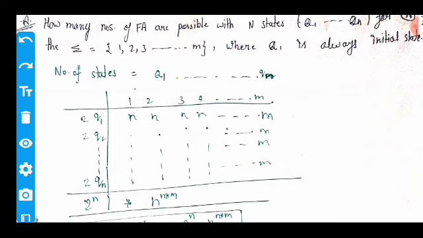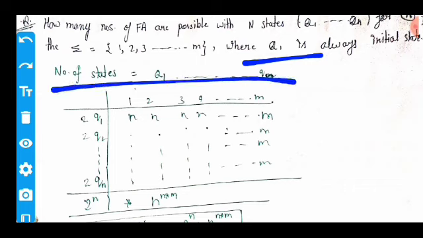How many finite automata are possible with states q1 up to qn for sigma equal to 1, 2, 3 and so on up to m, where q1 is always your initial state? So the number of states is q1, q2, q3 up to qn.